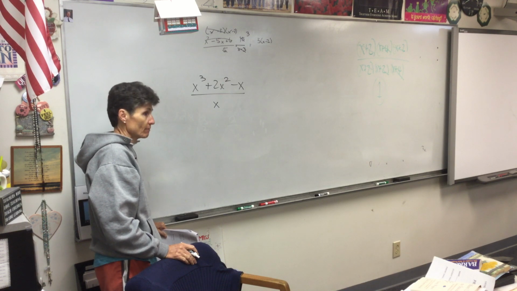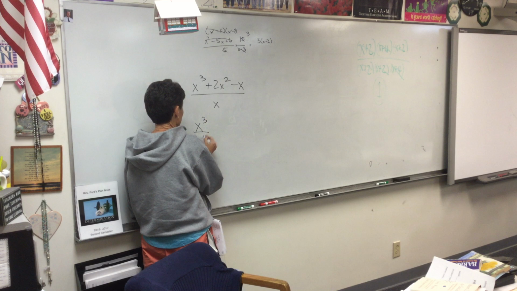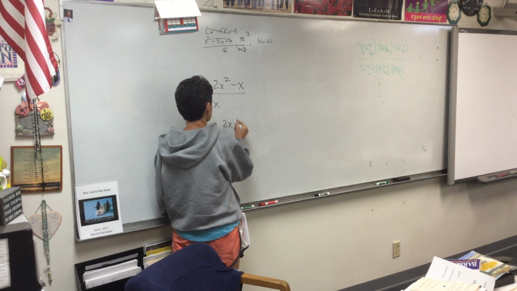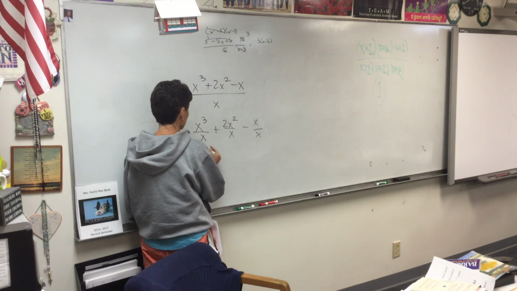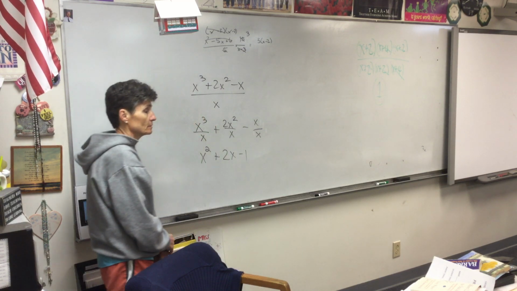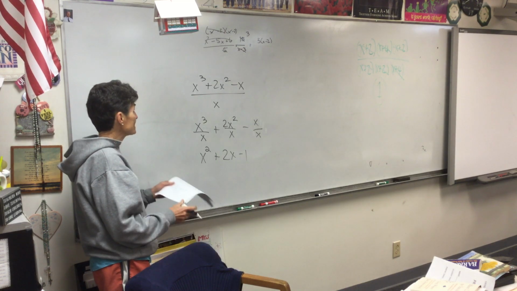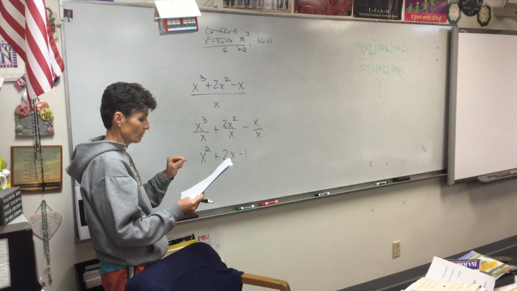Take an x out of everything, right? So you can think of that like each of these over x, just canceling out an x. So we have x squared plus 2x minus 1. So nothing different here, except they're written sideways with the division symbol.